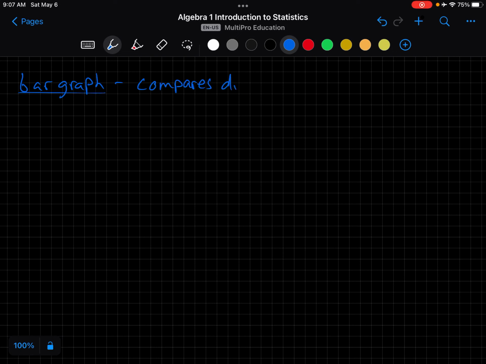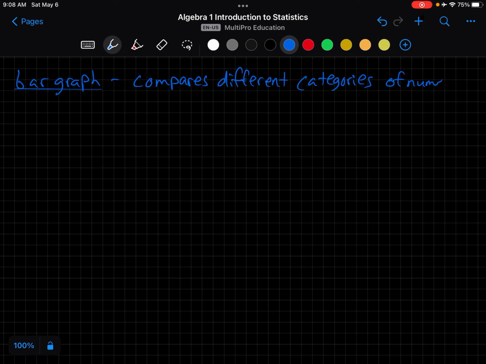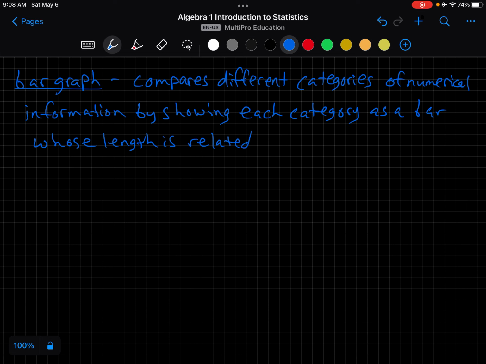So this compares different categories of numerical information by showing each category as a bar whose length is related to the frequency.